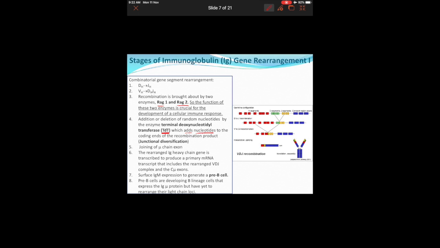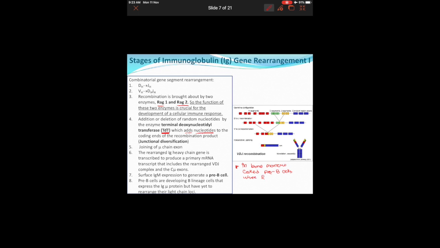Now all of this happens in a precursor B cell within the bone marrow during B cell development. And this is called a pre-B cell. So the B cell developmental process starts from a stem cell in the bone marrow, goes into a pre-B cell where RAG1, RAG2 is causing this gene rearrangement.